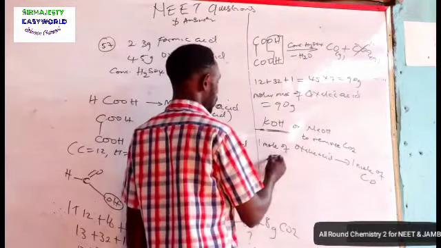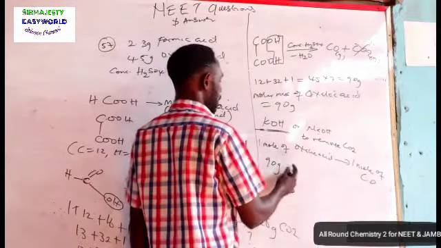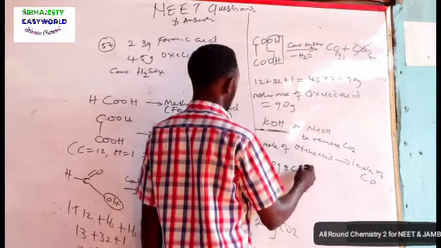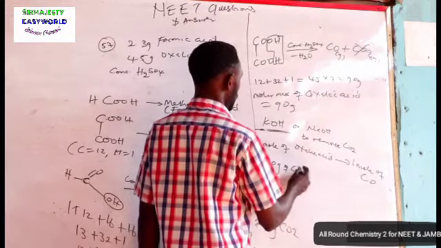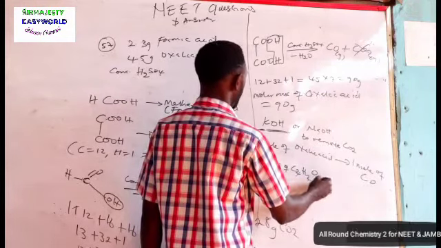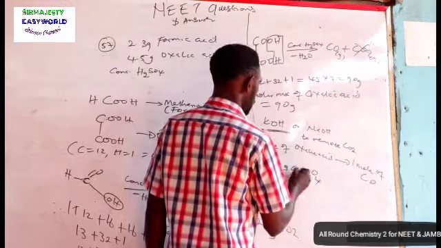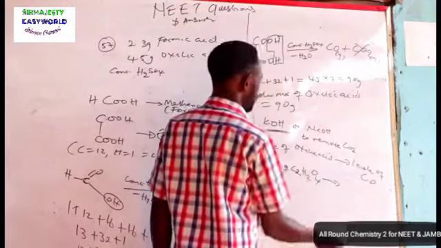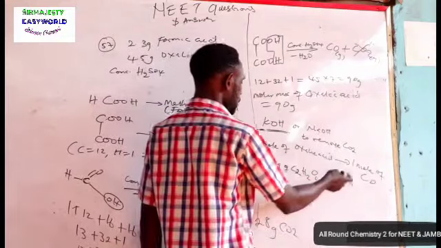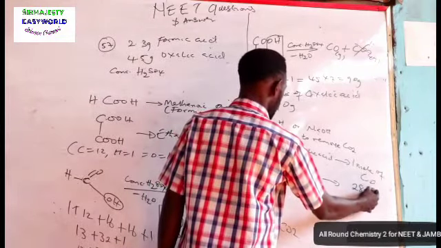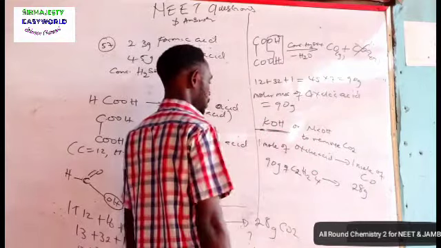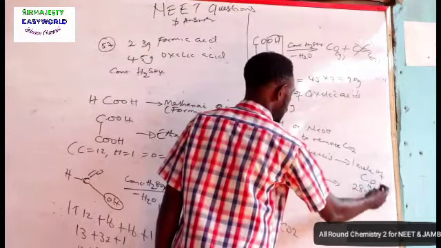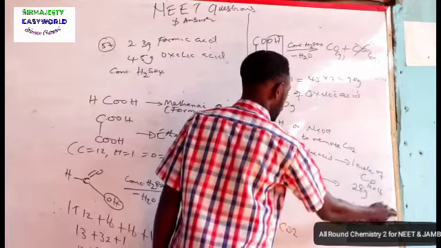Then change it to mass. 1 mole is 90 grams. 90 grams of oxalic acid, which is actually C2H2O4. Convert this to mass again. 1 mole of CO is 28 grams, in the sense that we have 12 plus 16, then we have 28 grams.